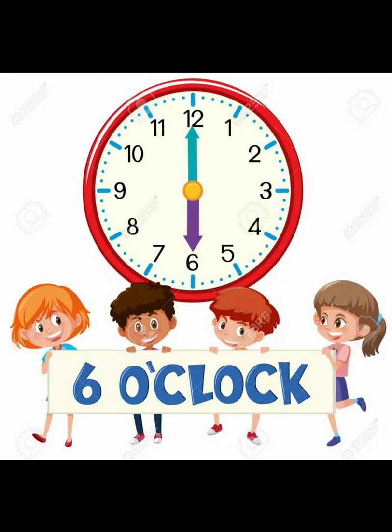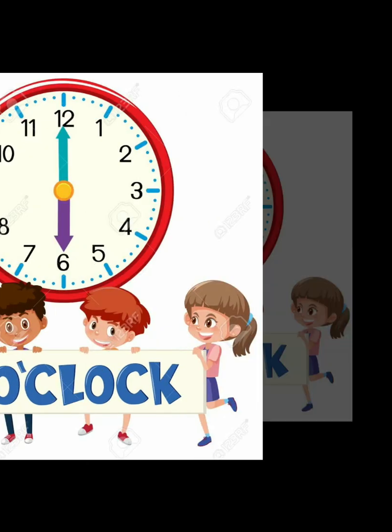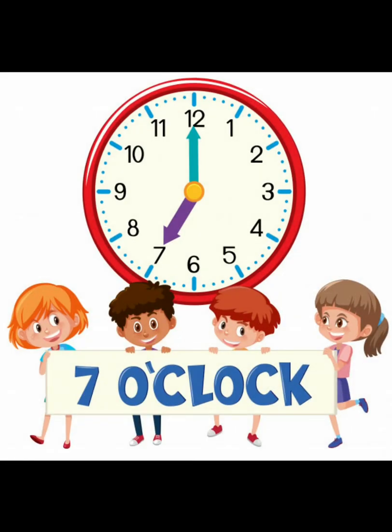Now look at this picture. The short hand is facing number 6 and the long hand is facing number 12. So the time is 6 o'clock. Now look at this picture. Identify where the hands are. The short hand is at 7 and the long hand is at 12.